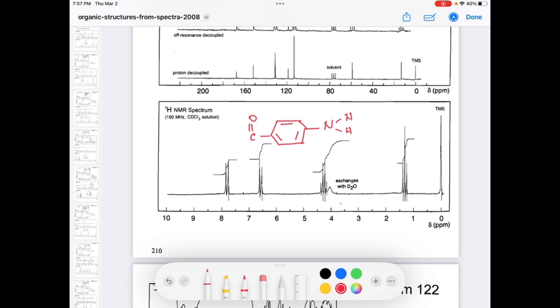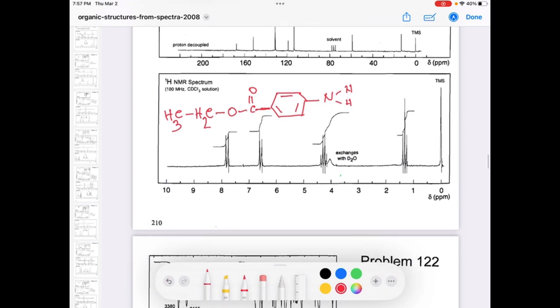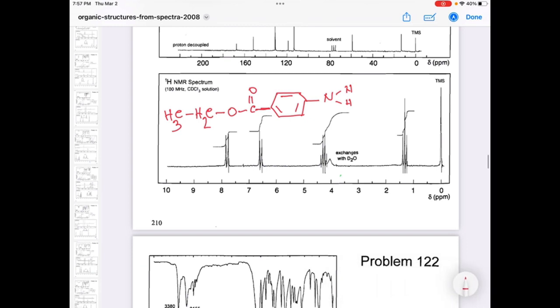That's why that carbonyl shows up in the IR a little less than 1700, and then it should be O, and then CH2, then CH3, and it is perfectly matching with the proton NMR.